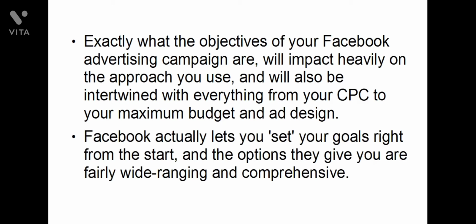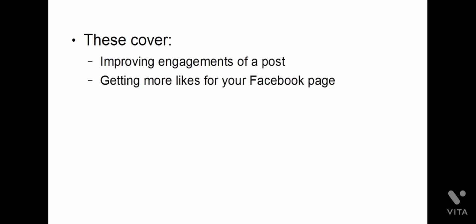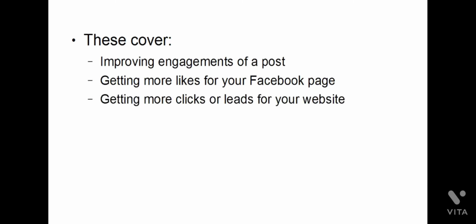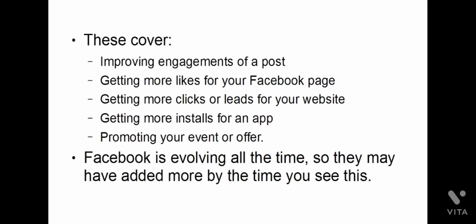And the options that they give you are fairly wide-ranging and comprehensive. And these cover improving engagements of a post, getting more likes for your Facebook page, getting more clicks or leads for your website, getting more installs for an app, promoting your event or offer. And Facebook's evolving all the time, so they may have added more by the time you see this.